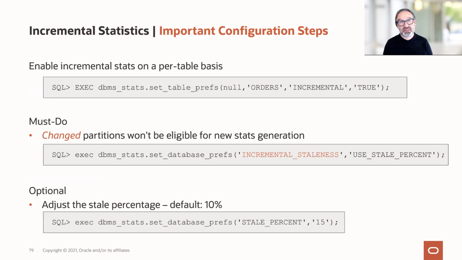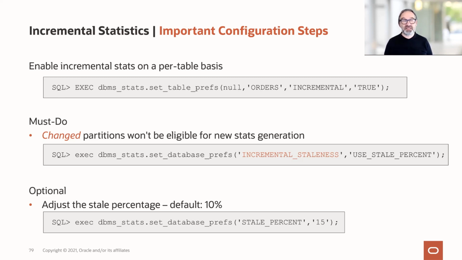A must do is that you also enable the incremental staleness. Because by default, let's say we changed an order from a week ago in one of the existing partitions, then without incremental staleness, the statistics for this old partition will become stale right away.